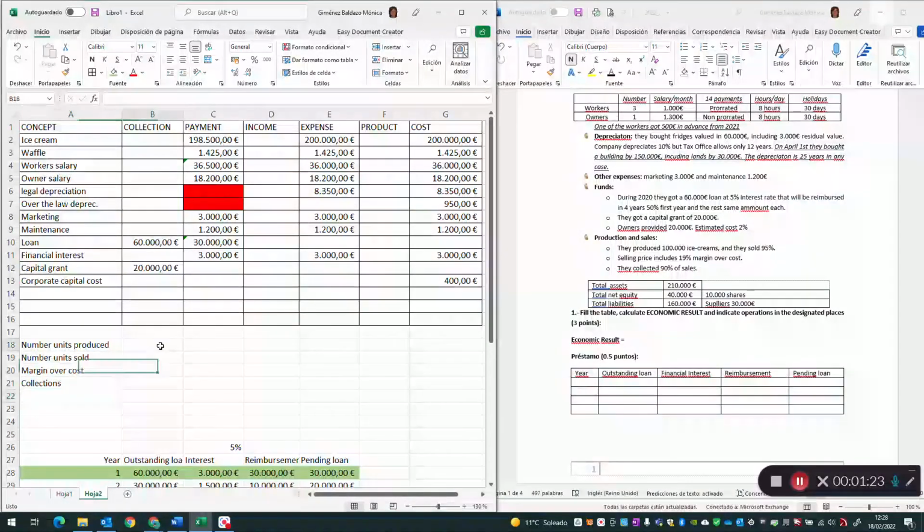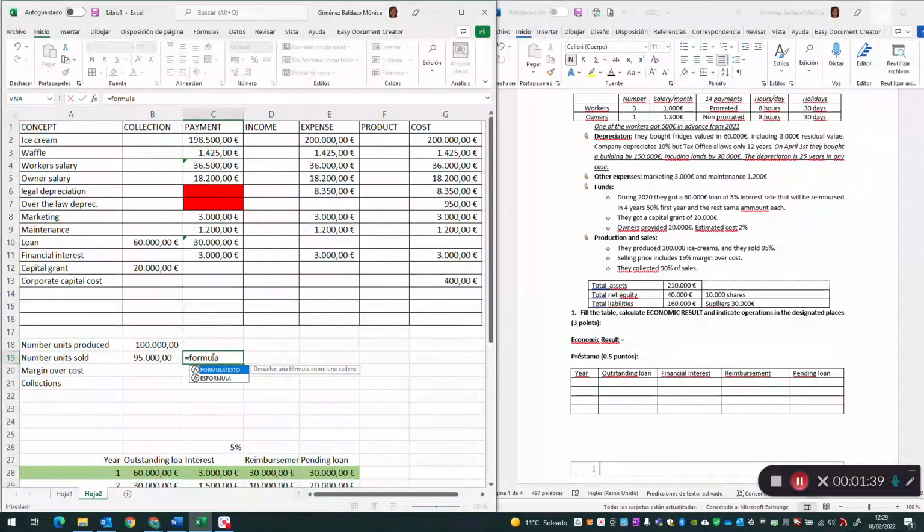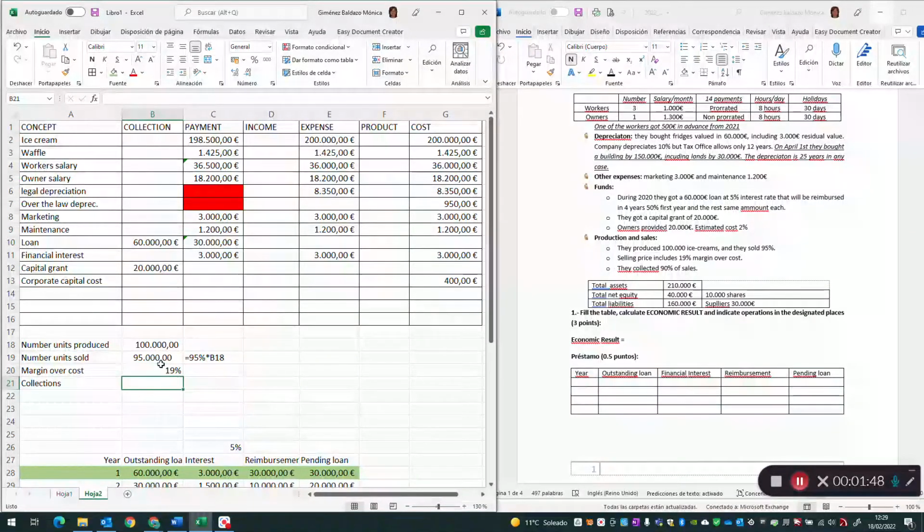So the number of units produced is 100,000. The number of units sold is 95% of that amount. Margin over cost is 19%, and collections are 90% of sales.